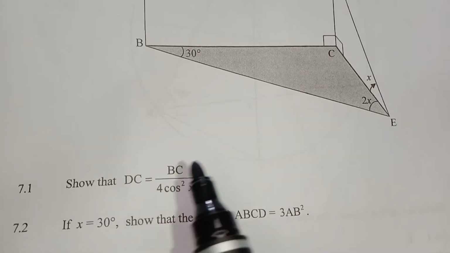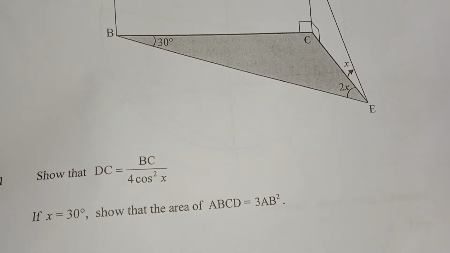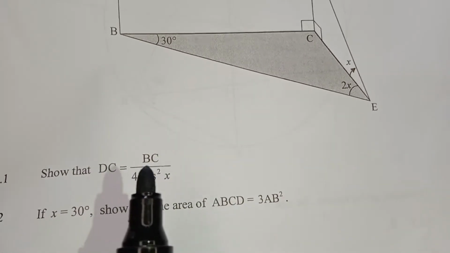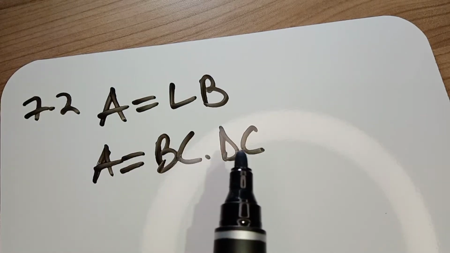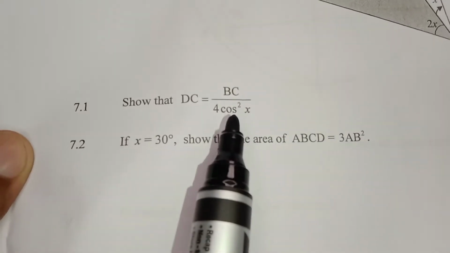Then we know the magnitude of DC is BC over 4 cos squared x there, okay? We can directly substitute the DC.